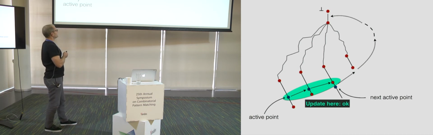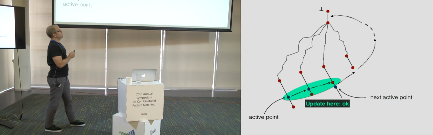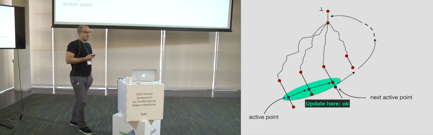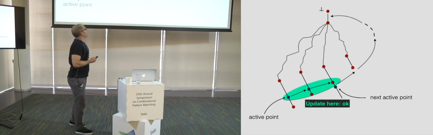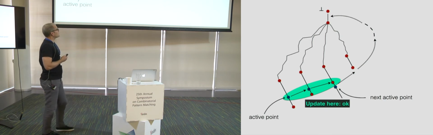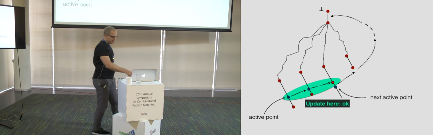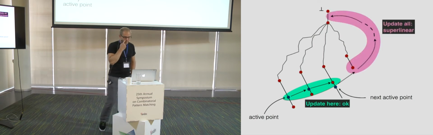However, if we want to keep the most recent match for every pattern, we should update everything on the whole path up to here. So we should continue along this path. We can't do that because that gives us superlinear time.